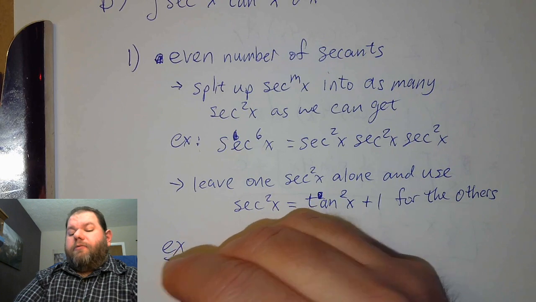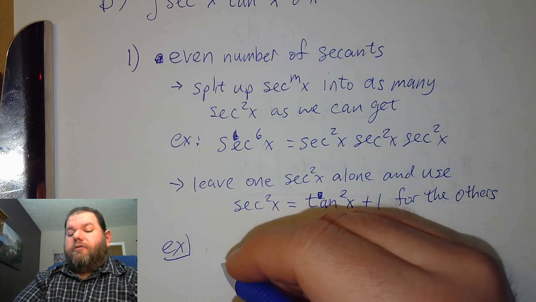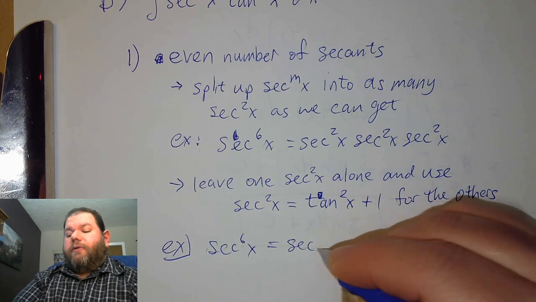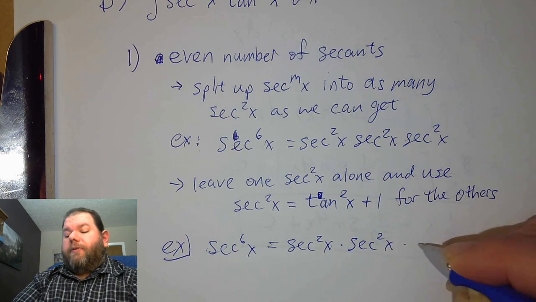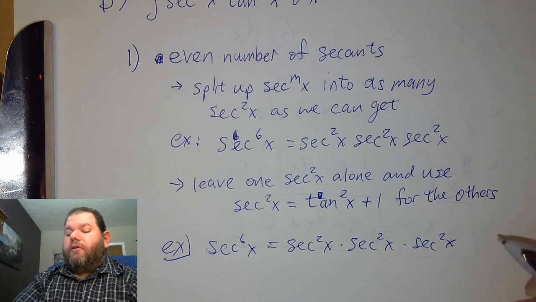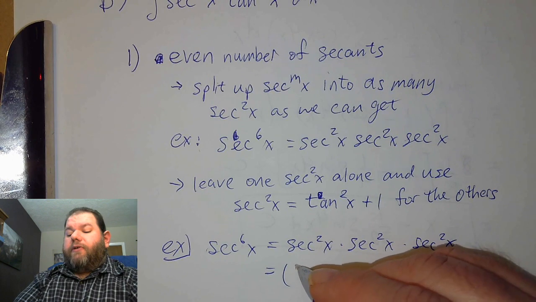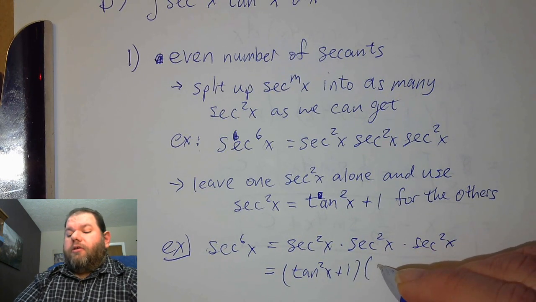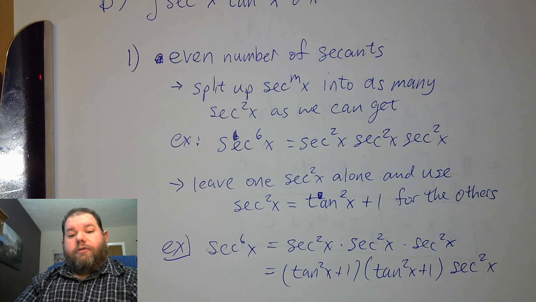So, for example, if we had secant to the sixth of x, we make it secant squared x times secant squared x times secant squared x. We would change two of our secant squares into tangent squared x plus 1, and leave one secant squared x alone.